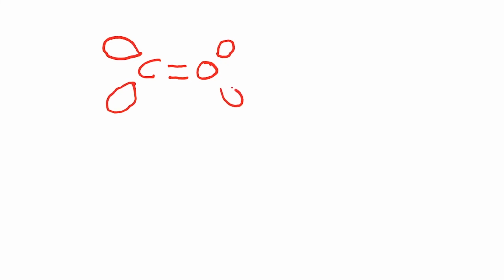Just to put this back in perspective, here is your C double bond O, and here's the lowest unoccupied molecular orbital, or the pi star. And to be correct, we have to shade this so that we show the correct sign.